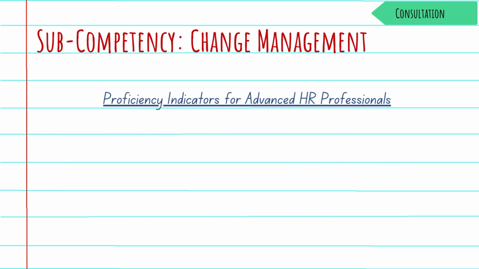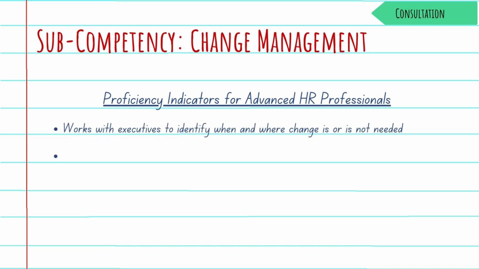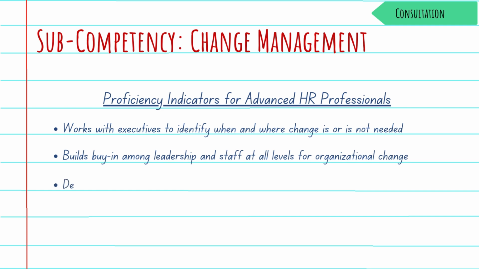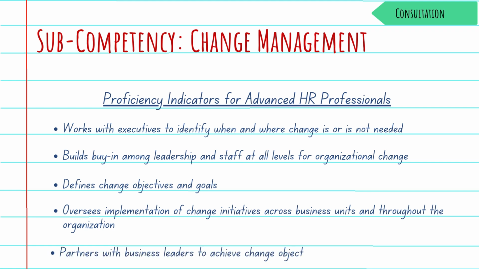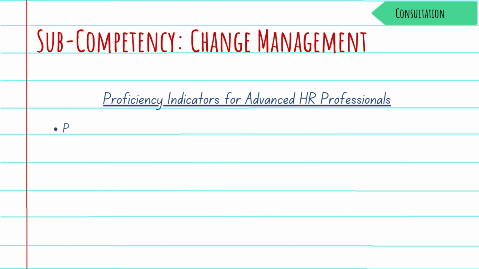For advanced professionals, indicators include working with executives to identify when and where change may or may not be needed, building buy-in among leadership and staff at all levels for organizational change, defining change objectives and goals, overseeing the implementation of change initiatives across business units and throughout the organization, partnering with business leaders to achieve change objectives and goals, and providing support to HR staff at all levels during change initiatives.